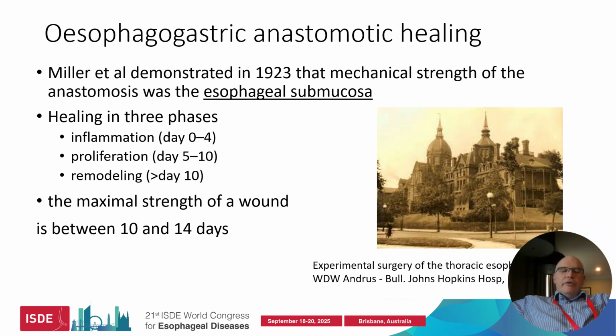It's been known for over 100 years that anastomotic healing, the mechanical strength of the anastomosis, arises from the esophageal submucosa, and healing occurs in 3 phases of inflammation, proliferation, and remodeling, and that maximum strength of wound healing occurs between 10 to 14 days.